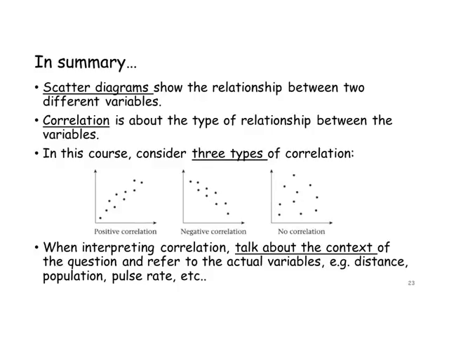But remember, we're talking about linear correlation because we're considering straight line patterns. And when interpreting correlation, talk about the context of the question and refer to the actual variables. For example, we had a distance, a population density, and we had a pulse rate and a breath rate. So, now try the question.